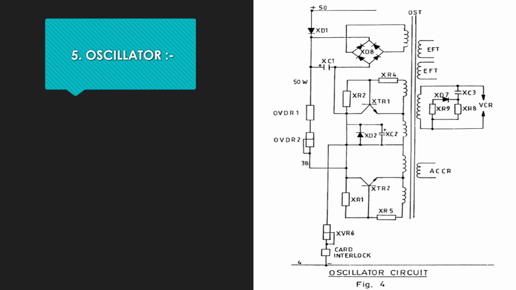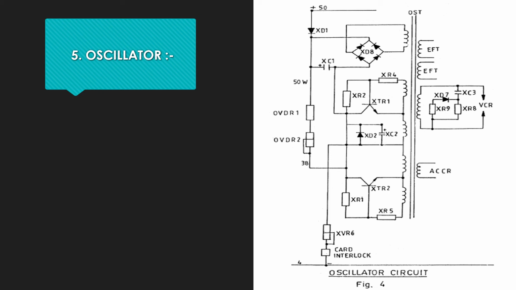Next we have the oscillator. The oscillator is an AC power supply used to supply power for various control functions. It operates from a DC input voltage from the locomotive battery. The oscillator circuit is shown as such. The oscillator transformer, or the OST, has a number of secondary windings to supply AC power to various circuits.